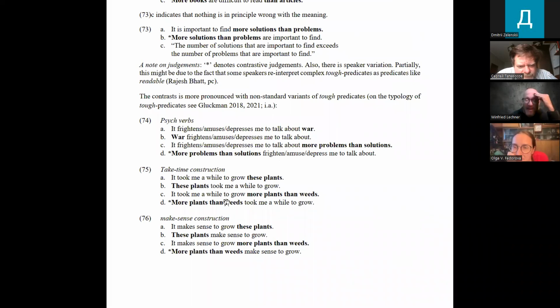So we basically postpone the "than weeds": more plants took me a while to grow than weeds. That's a good question, because in the regular cases of the tough construction, at least speakers didn't seem to make a difference. But here, I don't know. My native English is not so well pronounced. Thank you. That's definitely something to consider.